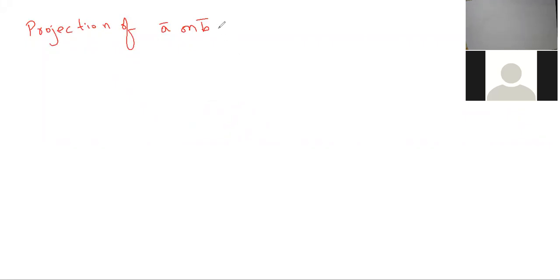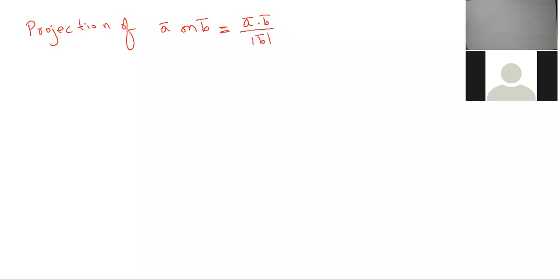Can anyone give me the formula for projection of A bar on B bar? A bar dot B bar by mod B bar.